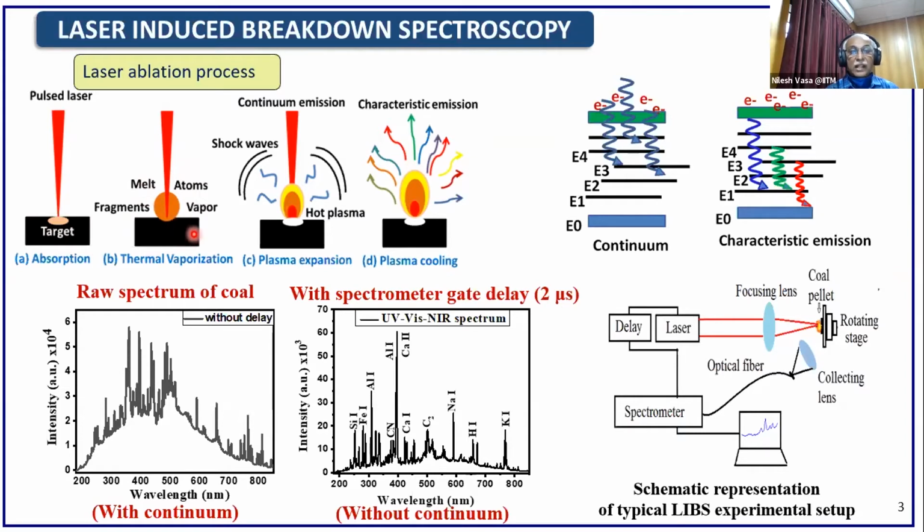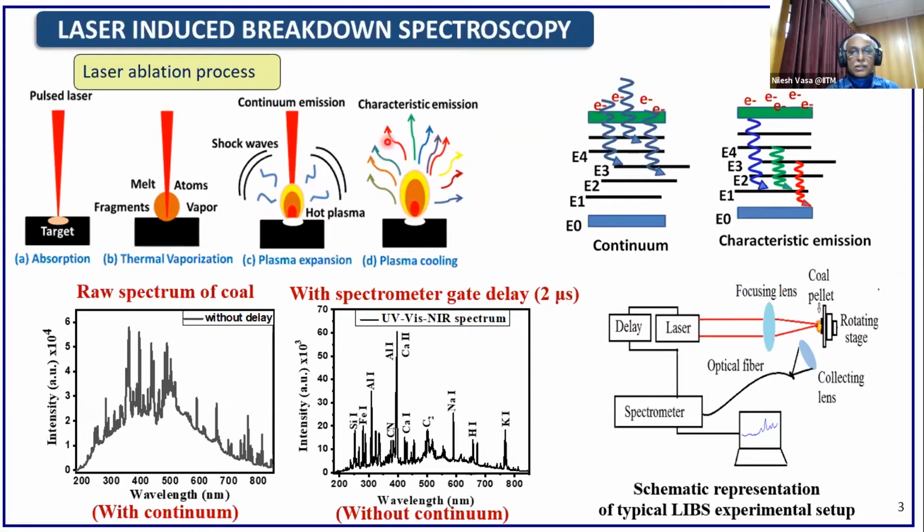We end up with further heating of the material, resulting in melt, then subsequently vaporization, and a further increase in temperature that goes up to a few thousands of Kelvin, 10 to 15 or 20,000 Kelvin easily, in a very small plasma plume, which is of the order of a few hundreds of micrometers.